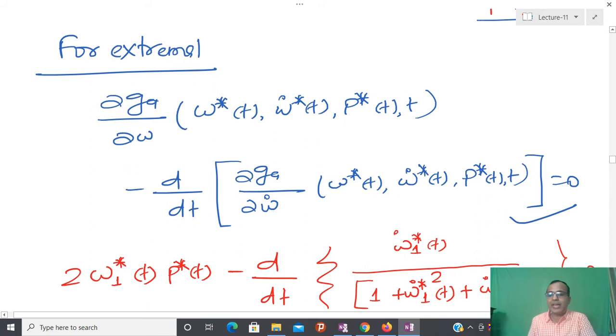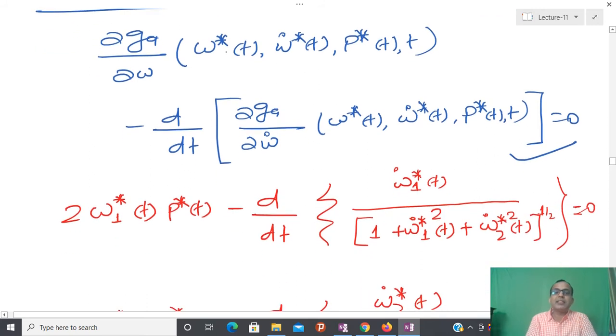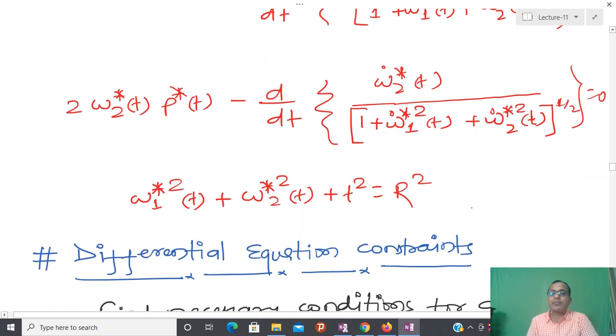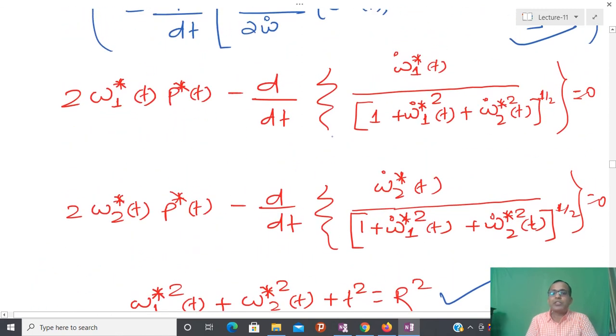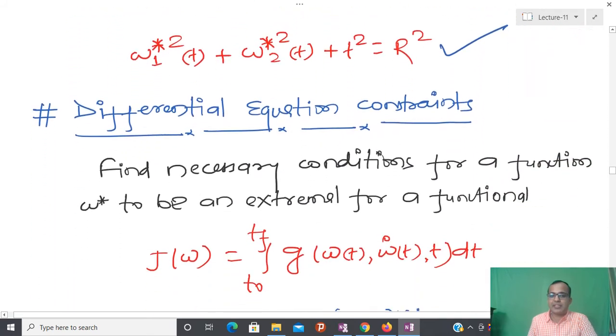I have already told you that. If you solve the Euler equation, you know that one partial differential equation will generate two different differential equations. So two different differential equations come into the picture, and after that I have to solve one constraint. With the solution of these three nonlinear time-varying equations, it is possible to show that I am able to extremize the functional. In this way I can apply the result whenever I have a point constraint.